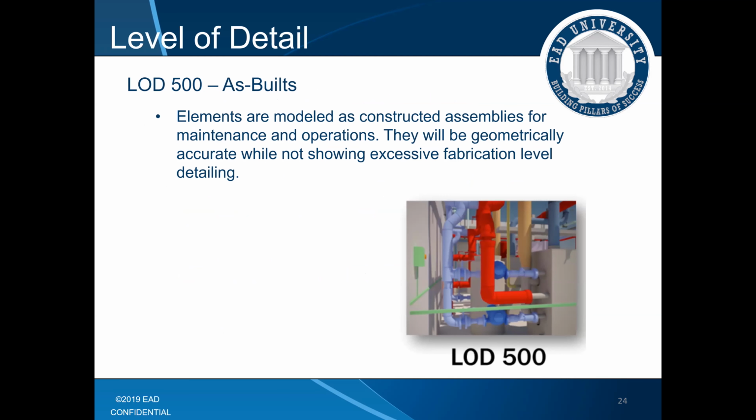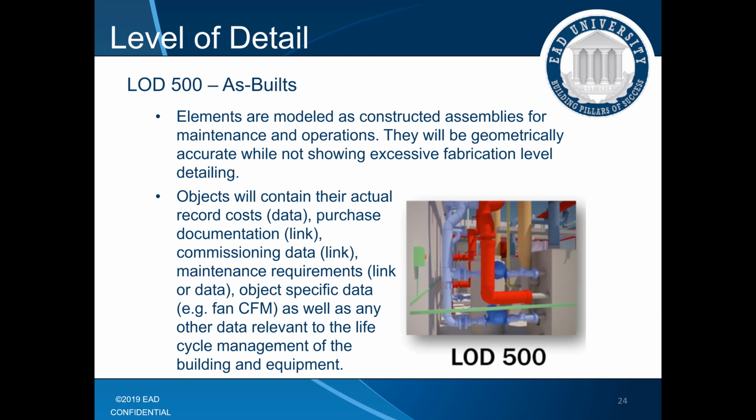Objects will contain their actual record cost data, purchase document links, commissioning data links, maintenance requirements, which is a link or data, the object-specific data, as well as fan CFM, as well as any other data relevant to the life cycle management of the building and equipment. So essentially, if you have an LOD 500 as-built, all of the information for the pieces of equipment that you have in there will live inside that model.